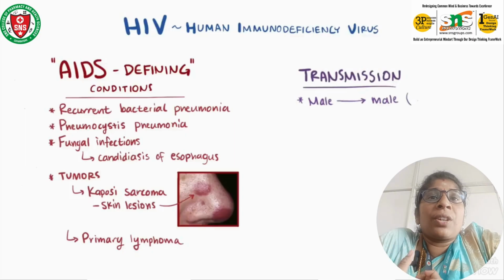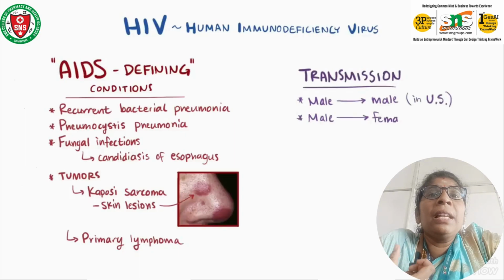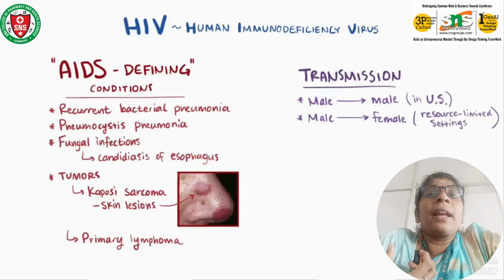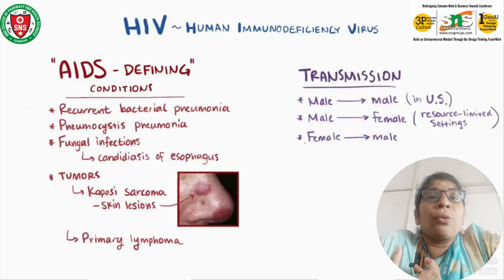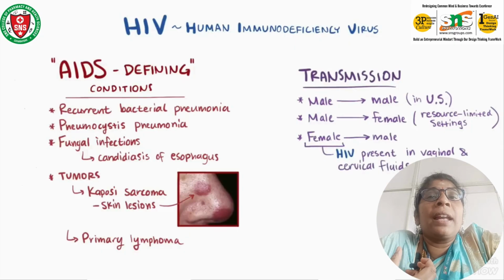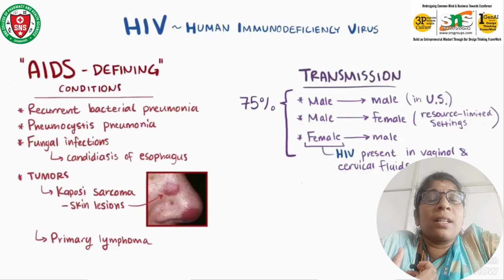Then the exposed strain may lead to the T cells and CXCR4, and it goes to the lymphoid tissues, and about 90% of the T cells may get affected in this lymphoid tissue.